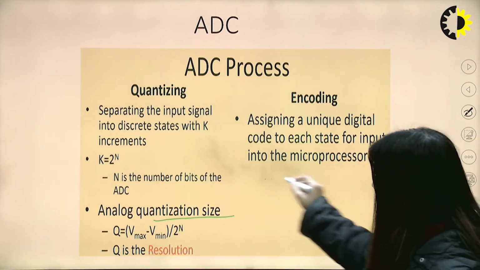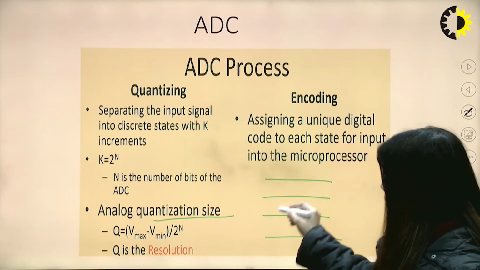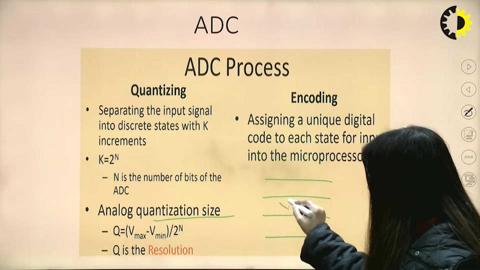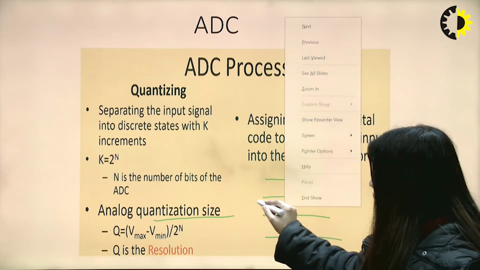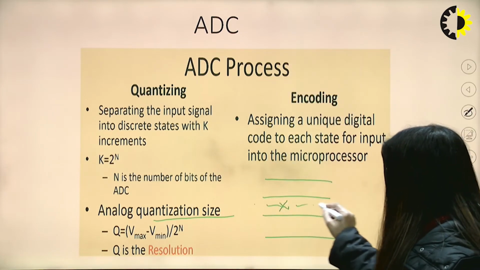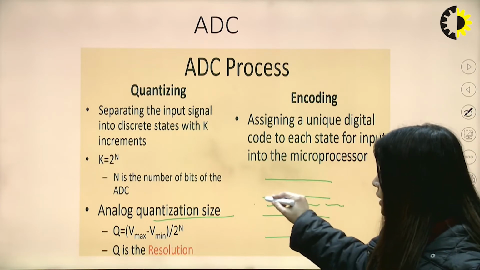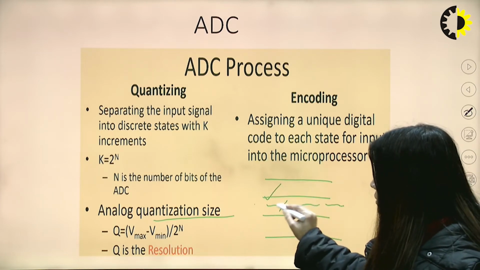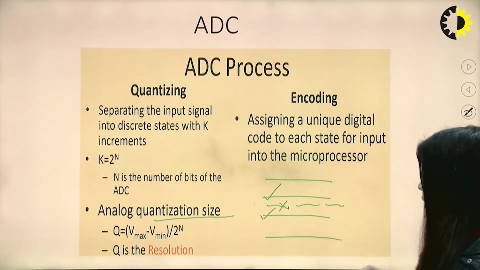That means if we have n quantized levels, and the sample value falls here, then this is the mid value. If the sample value is above the midpoint, it will take this level, and if it is below this midpoint, it will take this level.